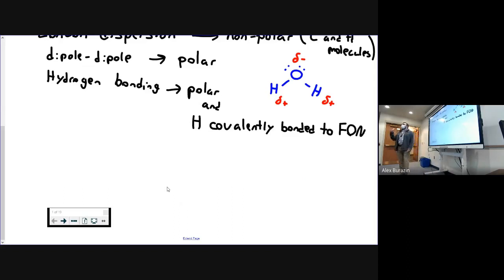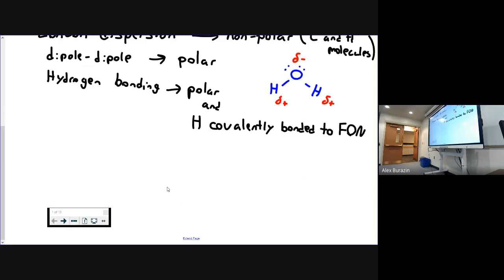Hydrogen bonding only occurs if that hydrogen in the molecule is bonded to a fluorine, an oxygen, or a nitrogen. You can only have hydrogen bonding if that is also true.